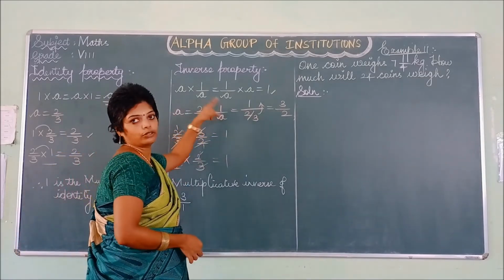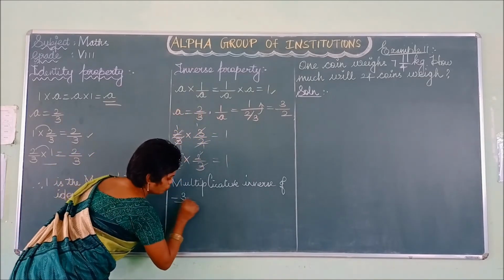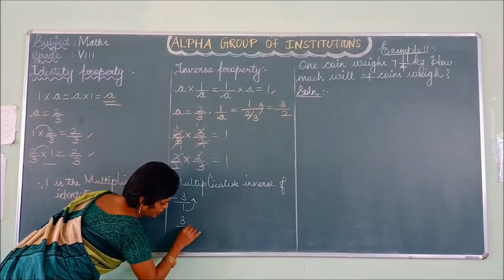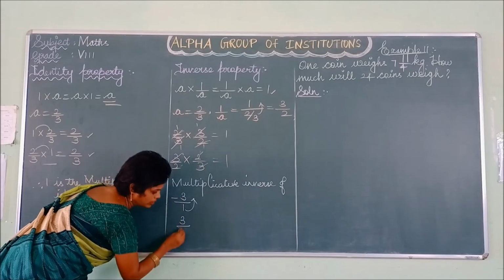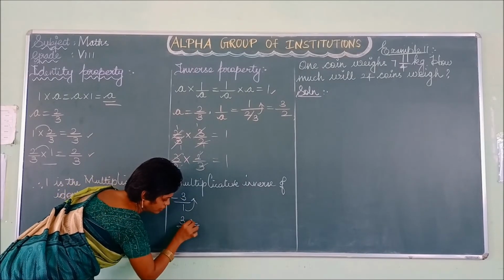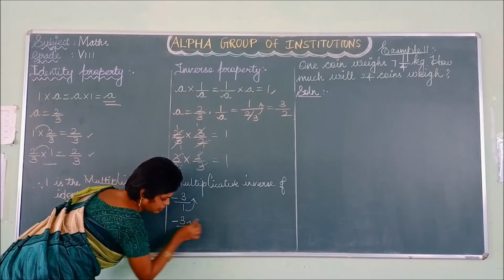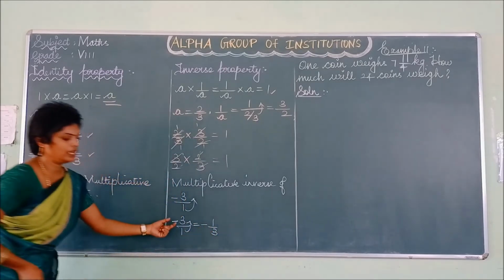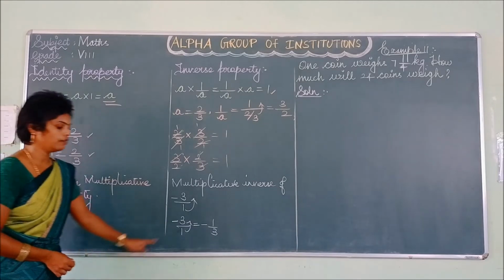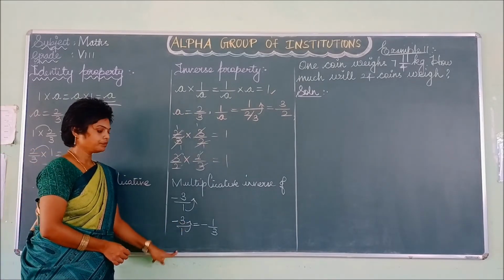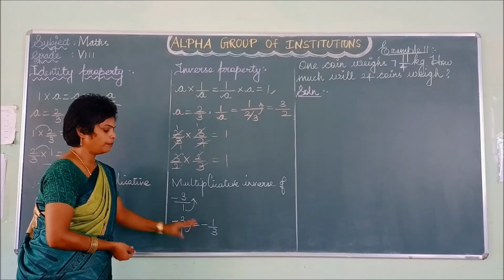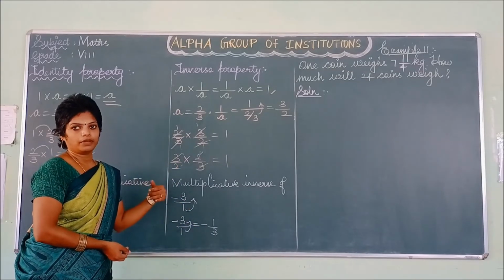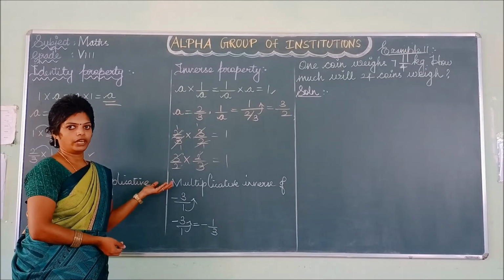The multiplicative inverse you have to write in the reverse order. Reverse order means how can we change? -3 by 1, the negative sign stays as it is, so it becomes -1 by 3. So -1 by 3 is the multiplicative inverse of -3 by 1. This is a simple step. You have to change the values: numerator comes as denominator, denominator goes to numerator.